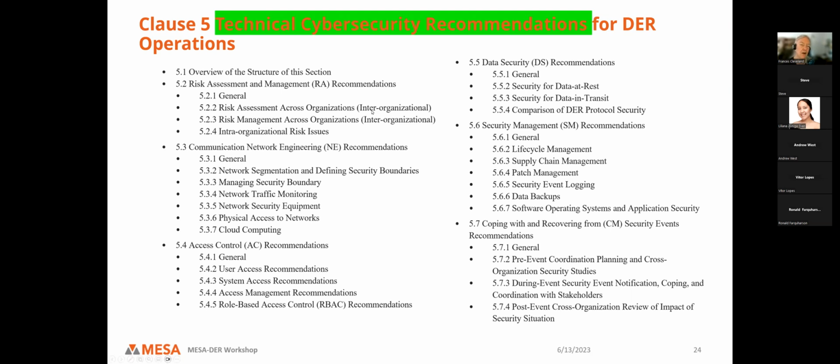But when you have DER, these are different organizations. So you have the utility, you have the aggregator, you have the DER site owner operator, you have the vendor of the equipment who may still be actively involved in it. All of these need to have an agreement that tells them who does what when, particularly when there is some kind of attack. So it's really important to include that.